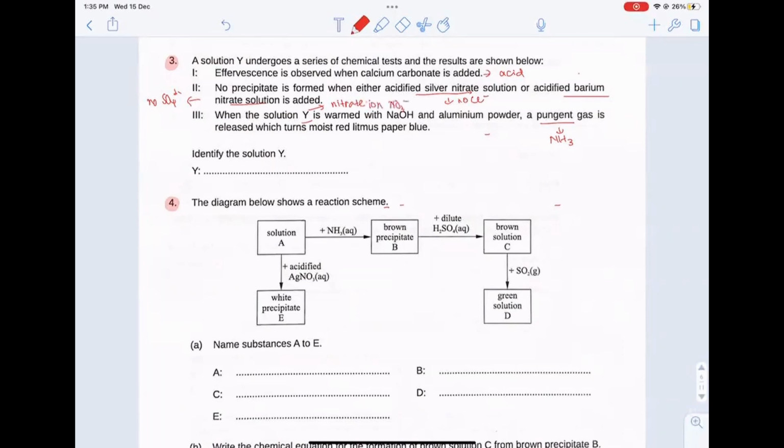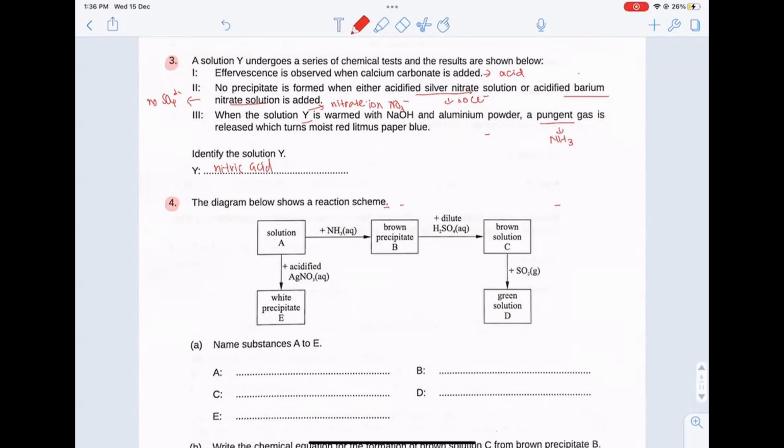So they asked us to identify solution Y. Well, from observations number 1 and 3, if I piece them together, I know there's an acid, and I know it contains nitrate ion. So that only gives us one answer, nitric acid. Agree? Yep, and that's it for question 3.